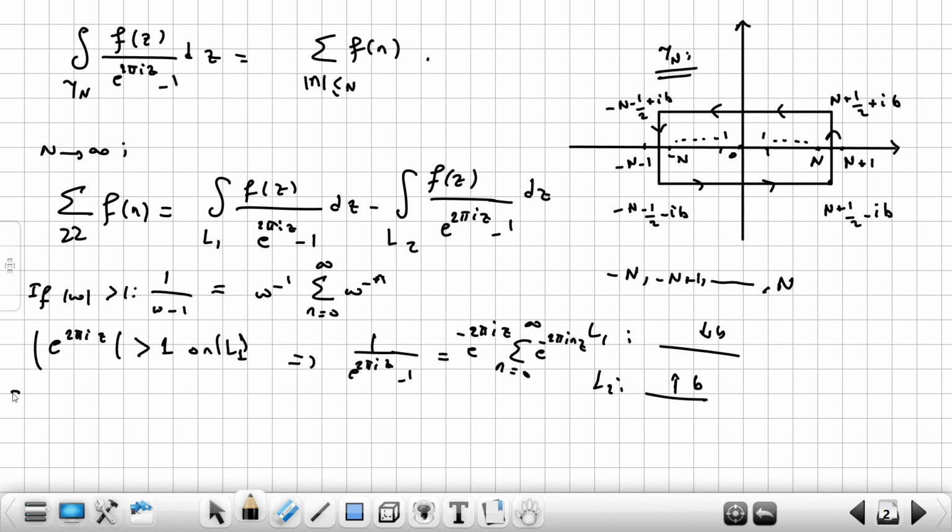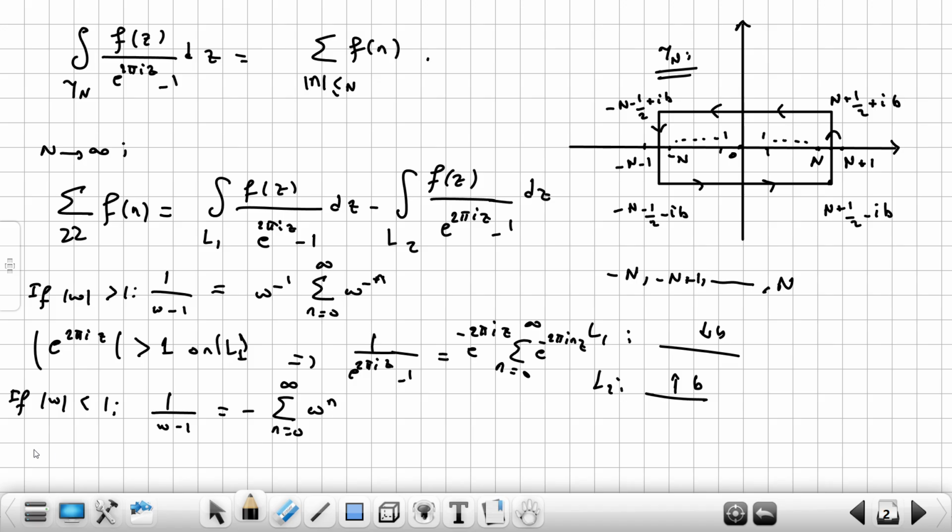Also, if the modulus of w is less than 1, then 1 over w minus 1 is equal to minus the summation from n equal to 0 to infinity of w to the power n.